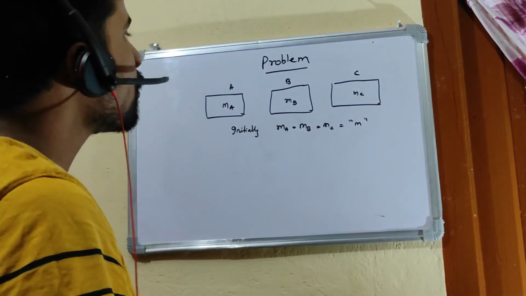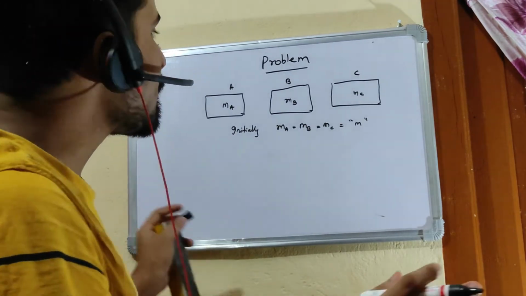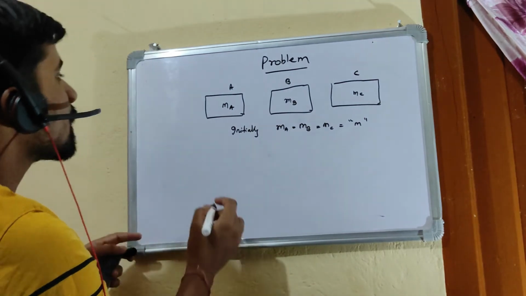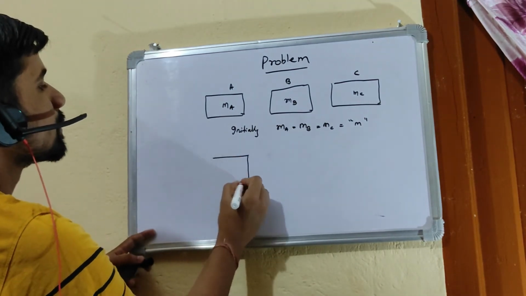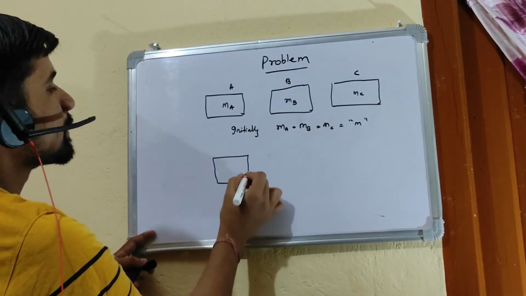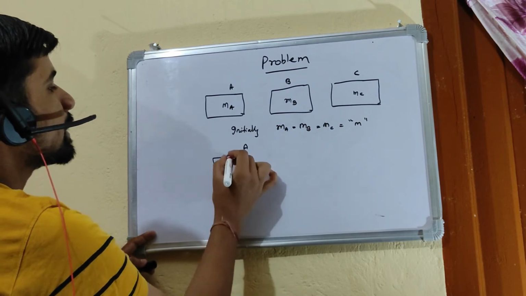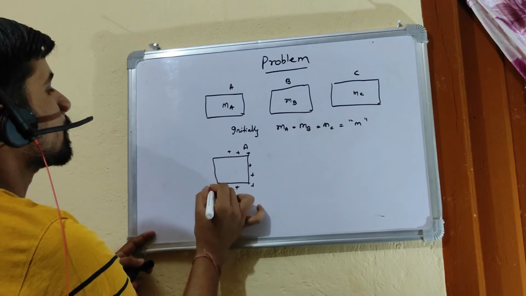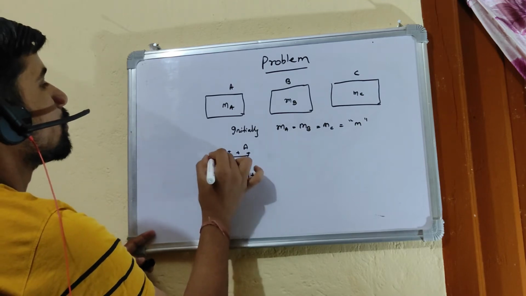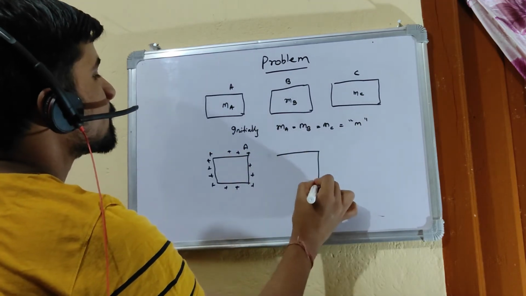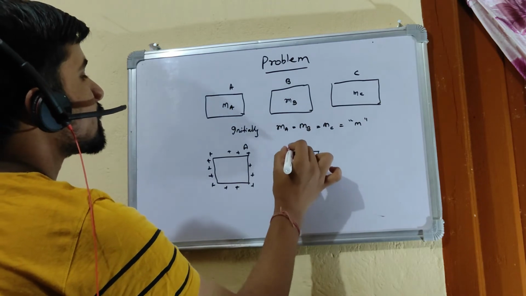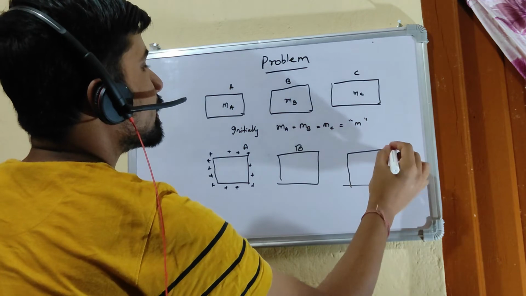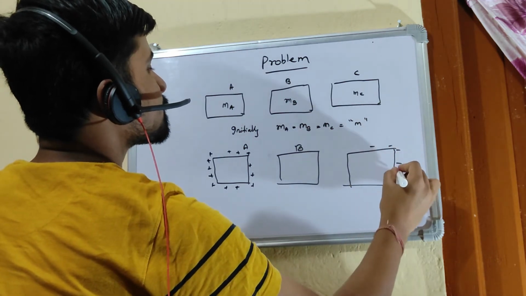Okay, so now what I did is I brought these three bodies in contact with each other, and now what happened is this A gets some positive charges around it, this B is neutral still, this C gets some negative charge.